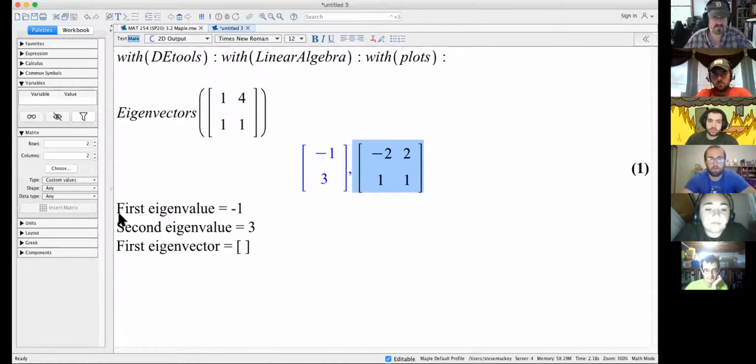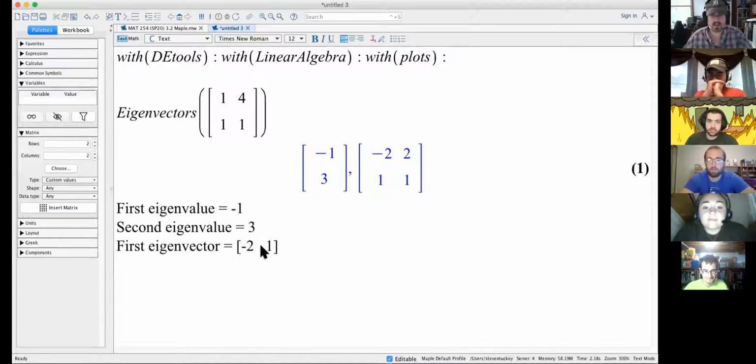The eigenvector associated with that value is -2 and 1. It's vertical, not horizontal. And so typing it this way, it's just as easy.